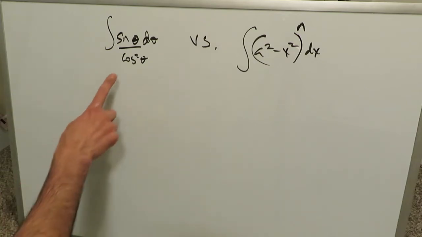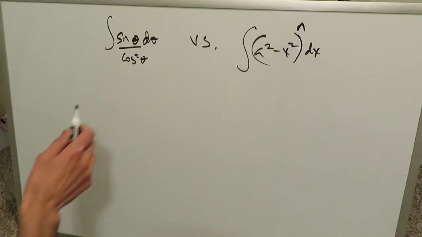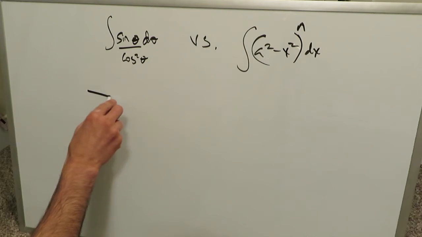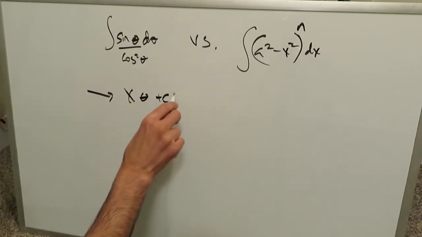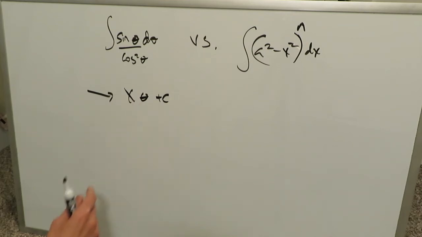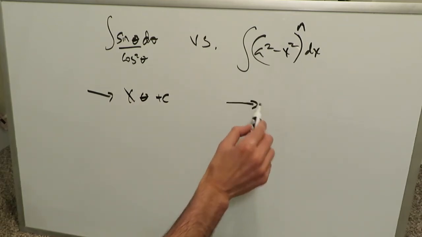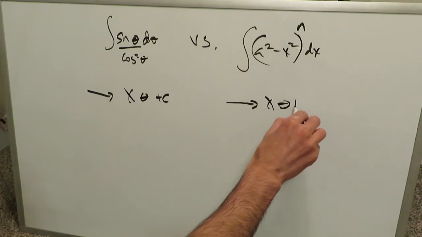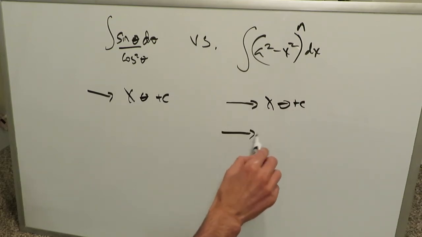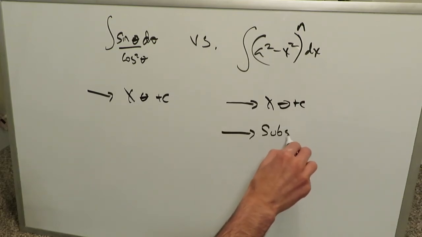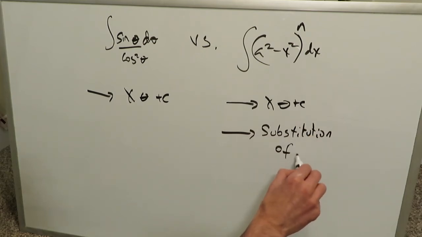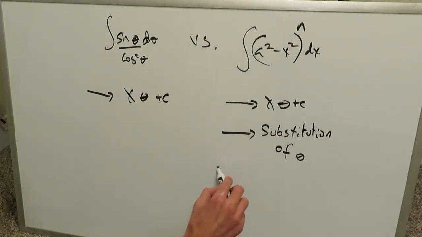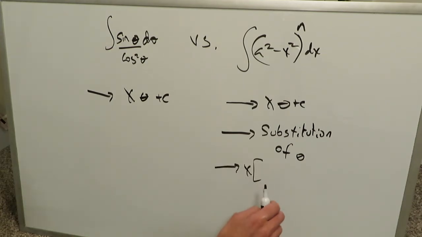When we get the antiderivatives of this, hypothetically it's fine if your final answer is in the form of something in x and theta plus c. If your answer is in the form x theta plus c, then you want to do the substitution of the theta value for a better answer, so you can bring in the inverse trigonometric function so that your answer would then convert into this form.